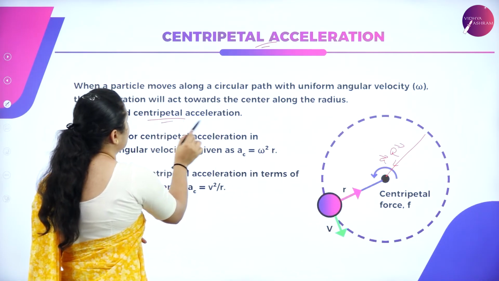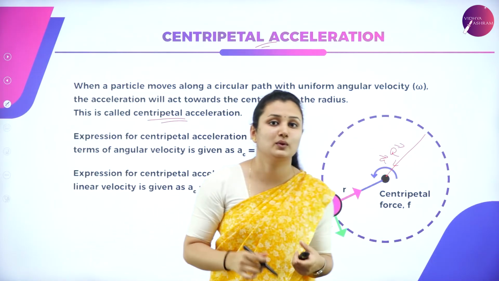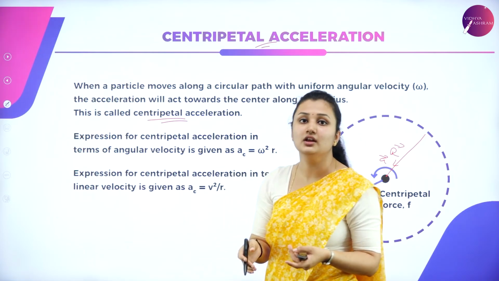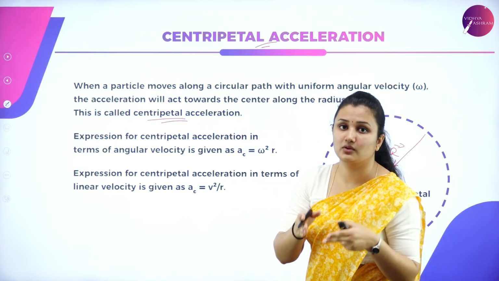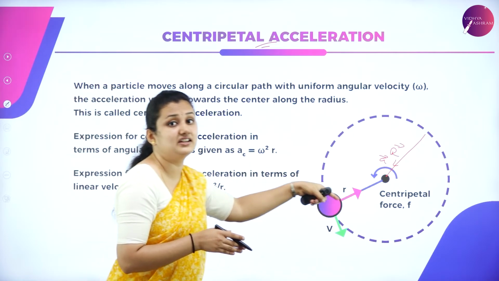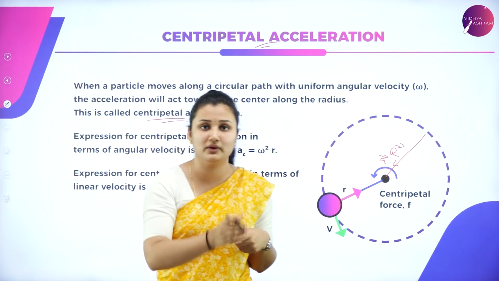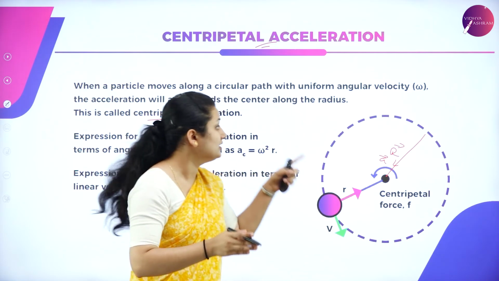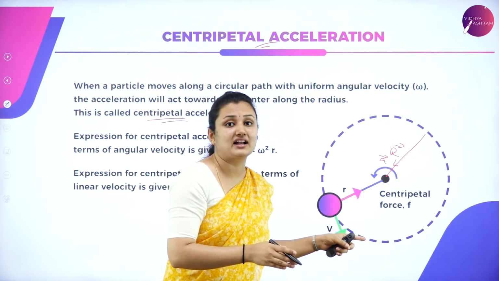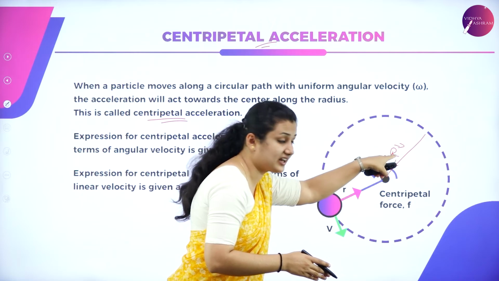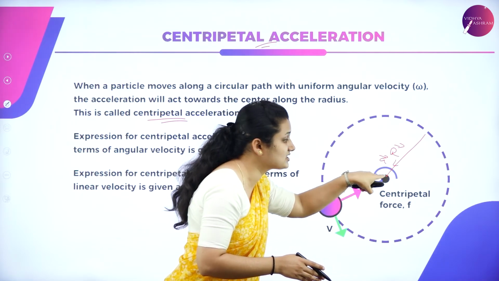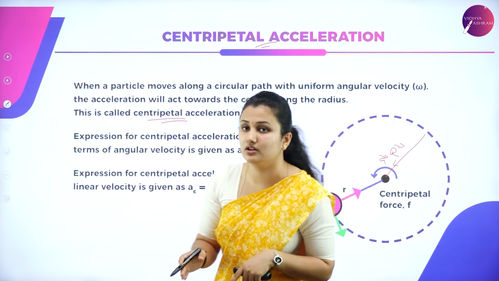So it is called centripetal acceleration. Acceleration will act towards the center when it possesses uniform angular velocity, acting along the radius vector towards the center of the circle O.